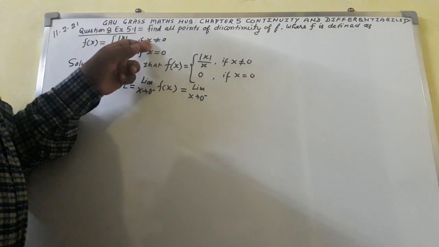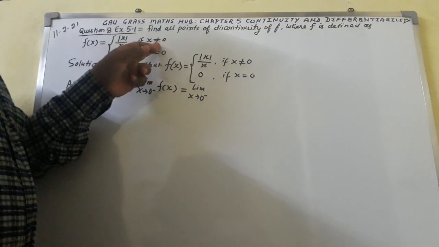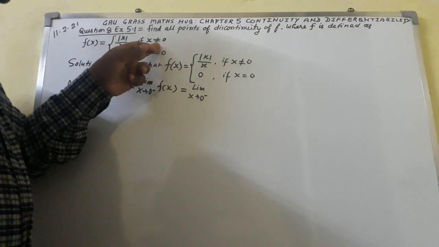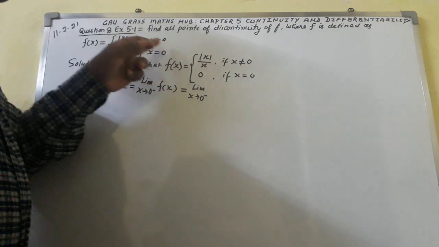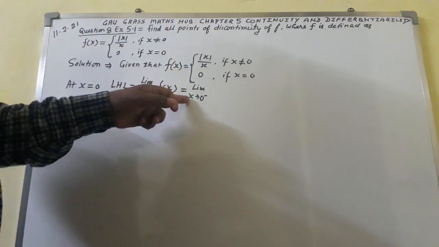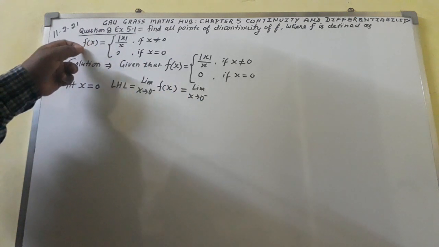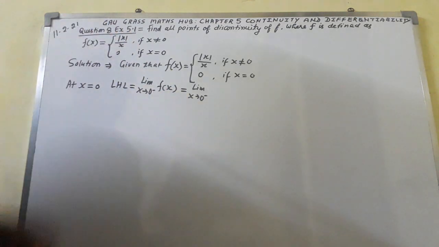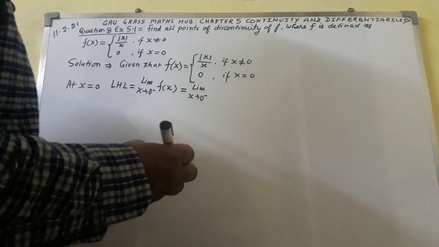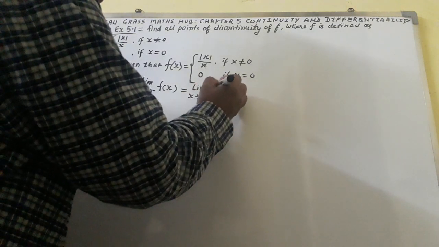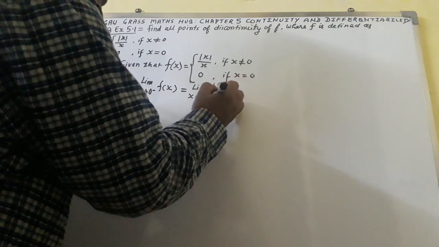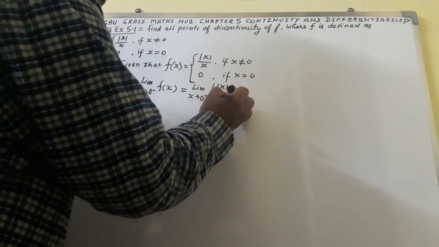So the value of x must be greater than 0 or less than 0, and in this sense I should take the function f of x equal to mod x over x. So in place of f of x, I should write mod x over x.